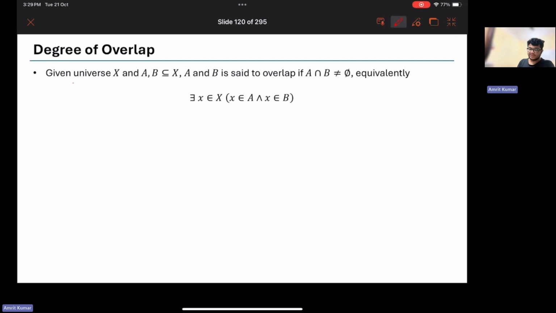So given a universe X and crisp subsets A and B of X, when do we say that A and B overlap? When their intersection is non-empty, right?